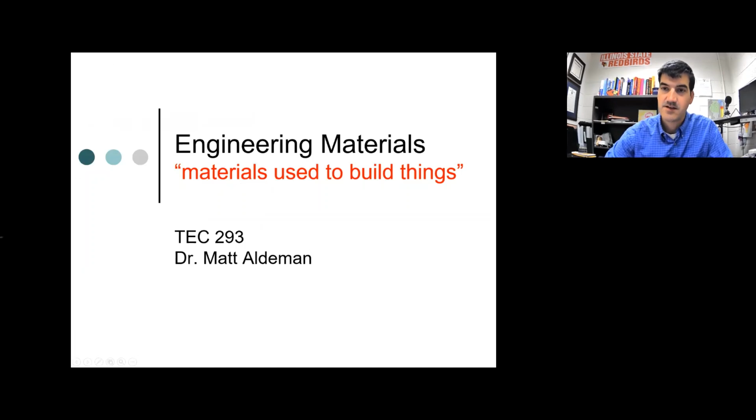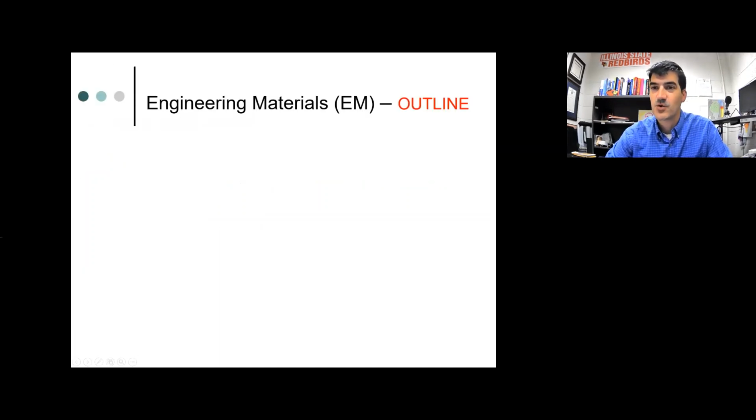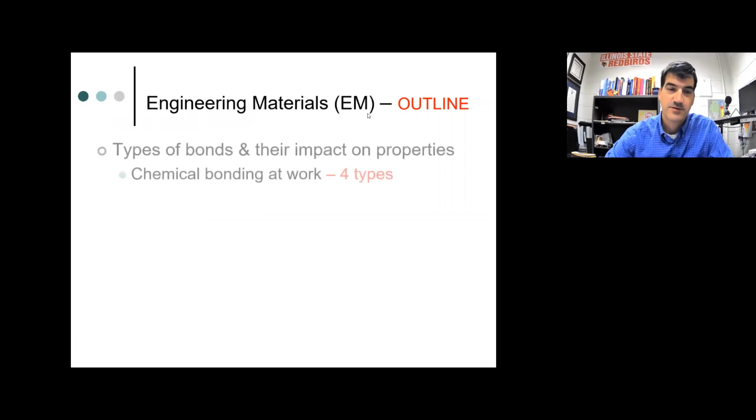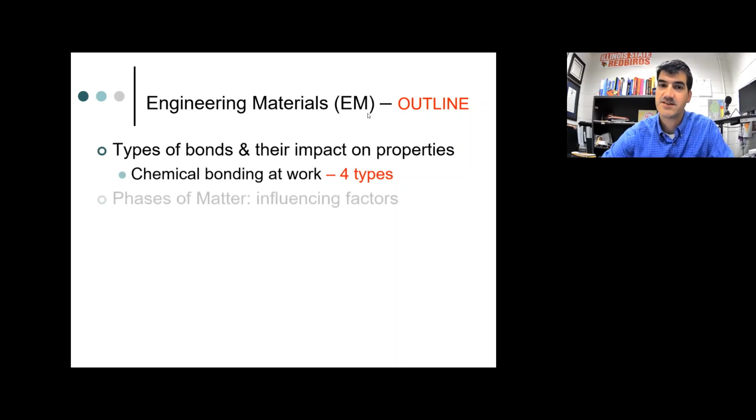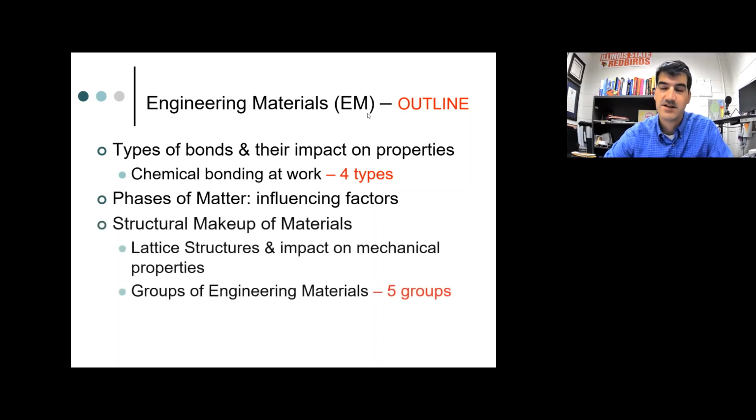All right, the first couple slides here are more or less a recap of what we've talked about so far. So we've talked about bonds and their impact on mechanical properties of materials. We've talked about 4 types of bonds. 3 of those were atomic level bonds. 1 was intermolecular bonds. We've talked about influencing factors on the phases of matter.